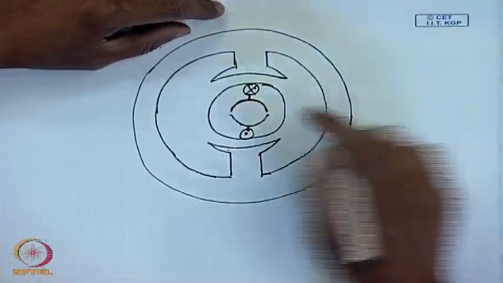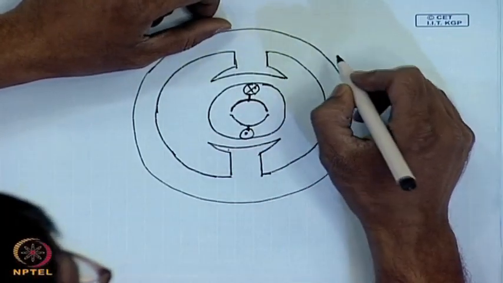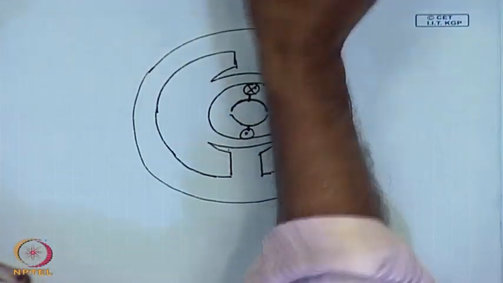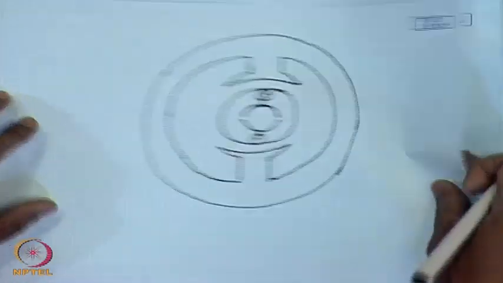Therefore, we have to connect the brushes on this commutator, so that when it is in the aligned position it should change.